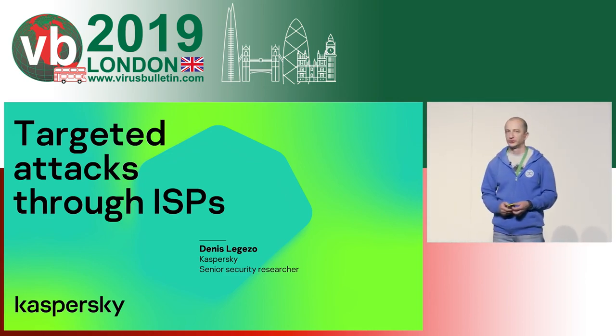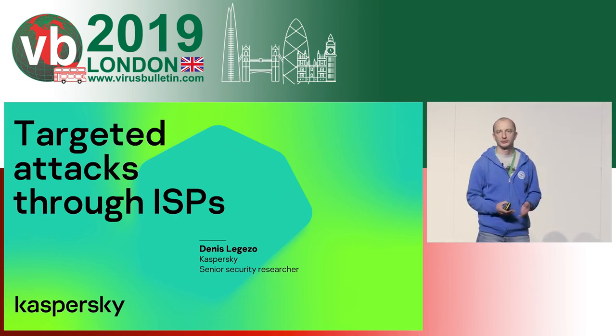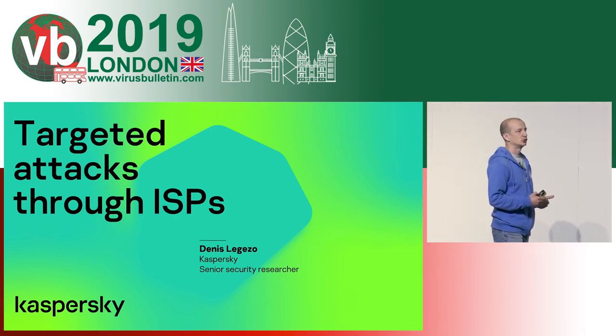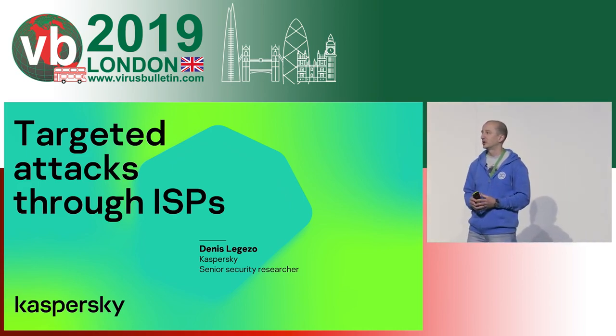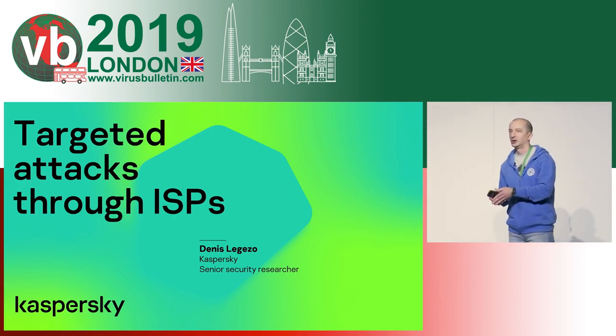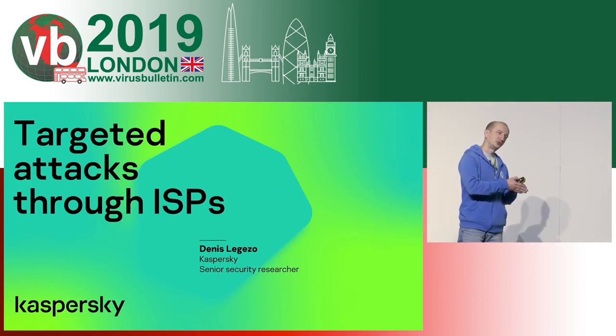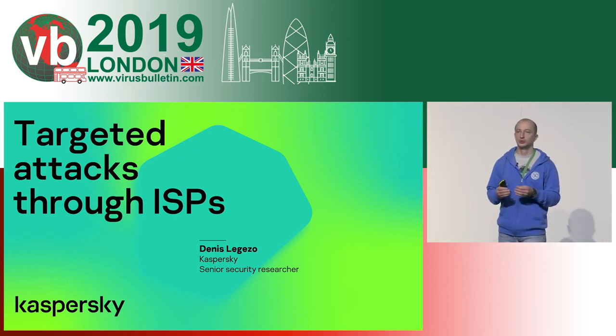Okay, why am I choosing this topic for VB? Lately, it frightened me a little. In maybe the last 2 years, I observed too many initial infections provided in a transparent way for the end user, for the target, using ISP channels and some services the user couldn't reject.